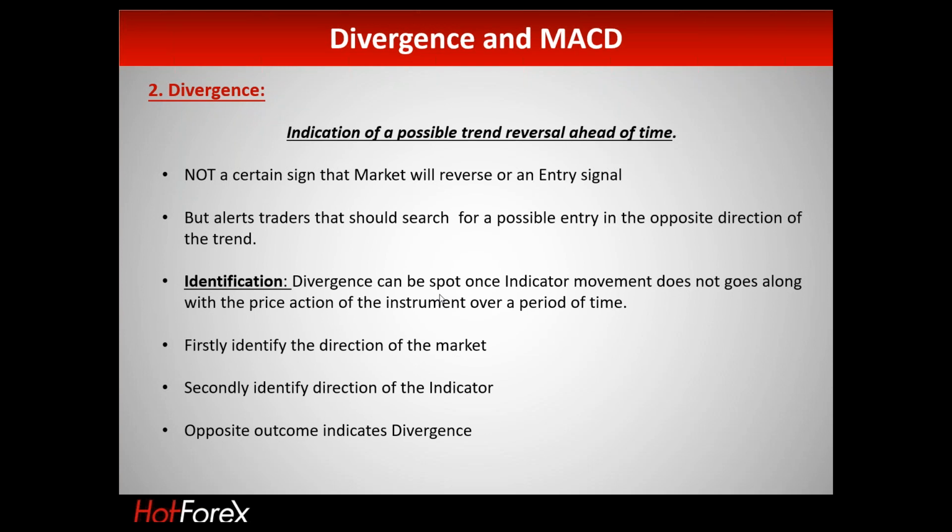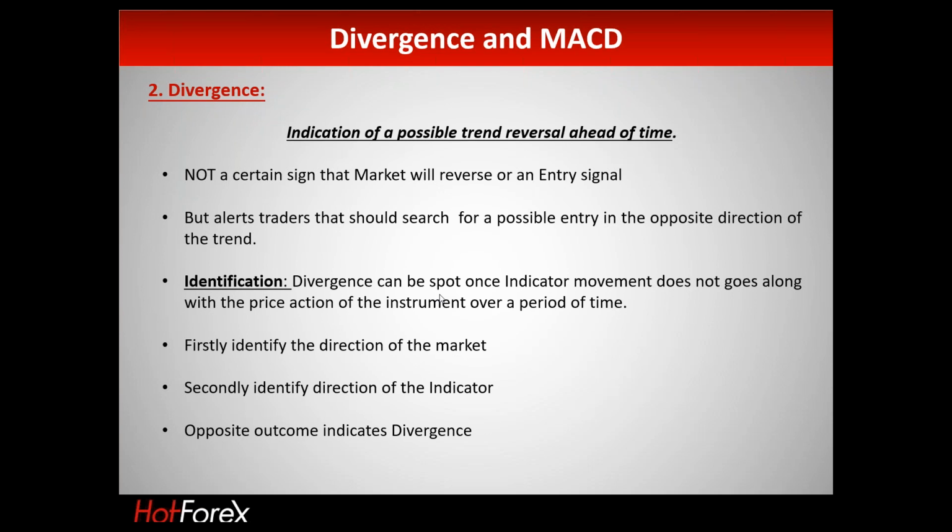So what you have to do, firstly, you have to identify the direction of the market, the direction of your dollar yen, let's say, or the direction of your euro dollar, etc. Then you have to identify the direction of your indicator. Where is it moving? Is it moving upwards, downwards? Then compare those two.